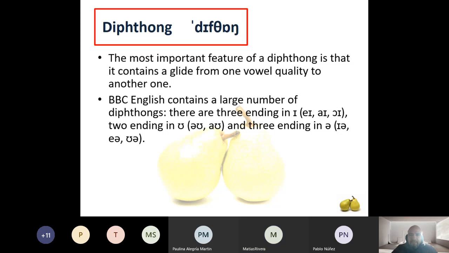Relax your mouth as a mid-central lax short vowel sound, so you say schwa. Okay. Exactly. And then you read the parentheses. Ear. Ue. Exactly. Wonderful. Very, very well done.